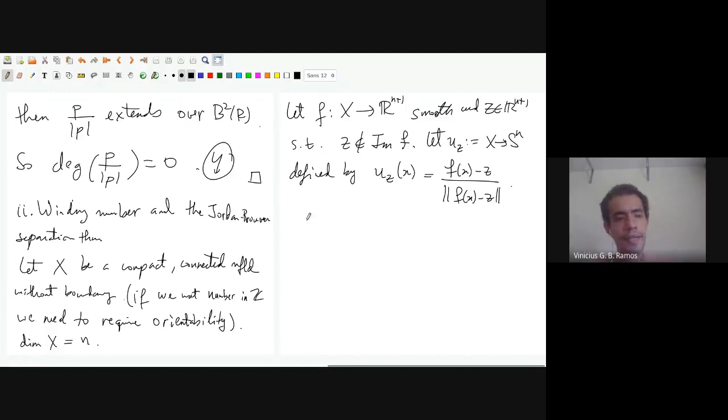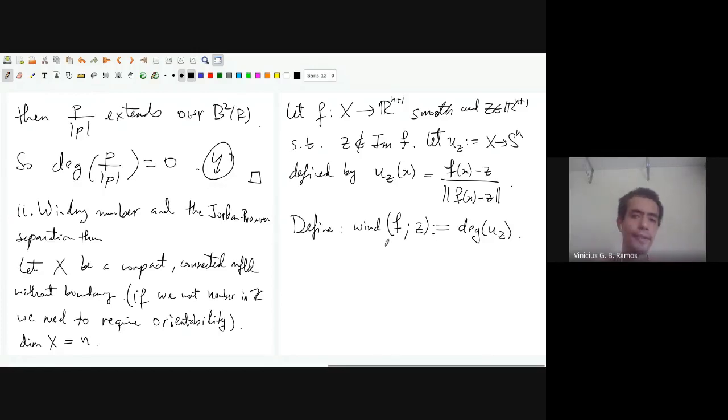So now we can define the winding number of f with respect to z to be the degree of this map, u_z.